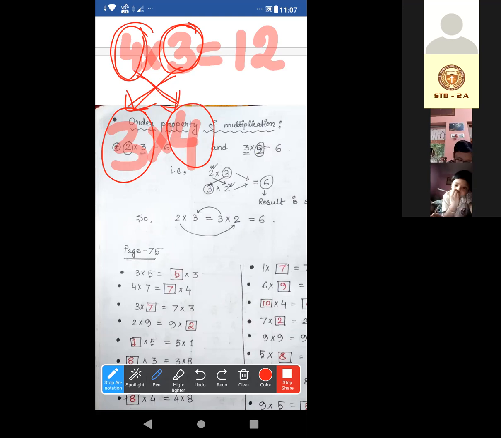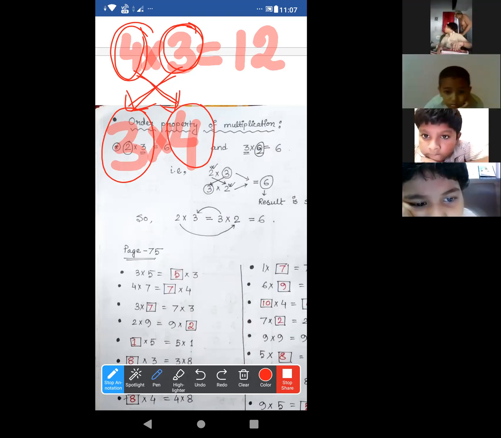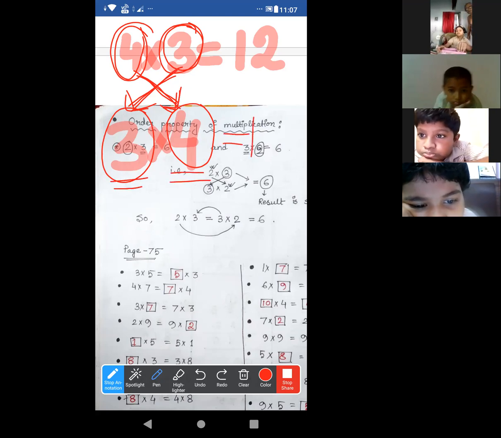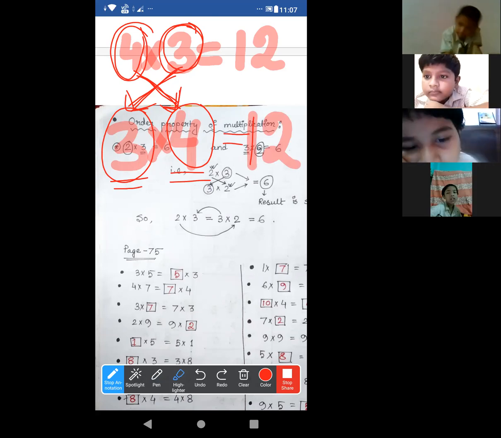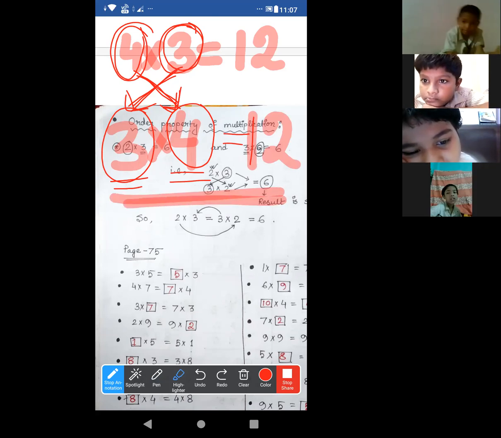So ultimately, what is going to happen here? Look, if we change the position, ultimately the answer will be same. Now just multiply it. 3 into 4. 3 4s are 12. So yes or no? 12. Shake your head if it is yes. Pushpa. Yes. Okay. So ultimately, look, we have changed the place.